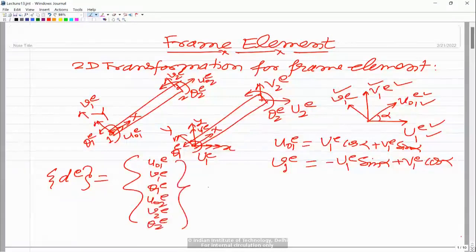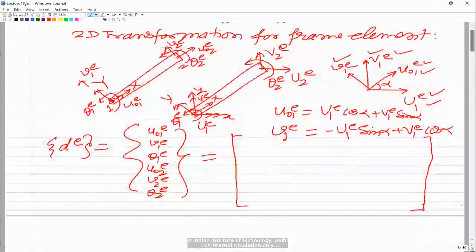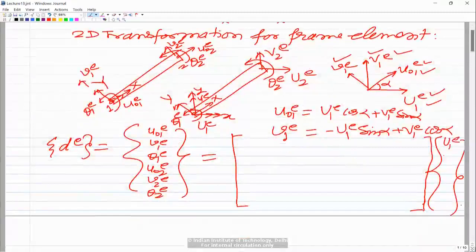This can be written in terms of the transformation matrix, and then the vector of degrees of freedom with respect to the global coordinate axes. These degrees of freedom are basically U1e, V1e, theta is the same, and then U2e, V2e, and theta 2e. This is how we write the transformation matrix.